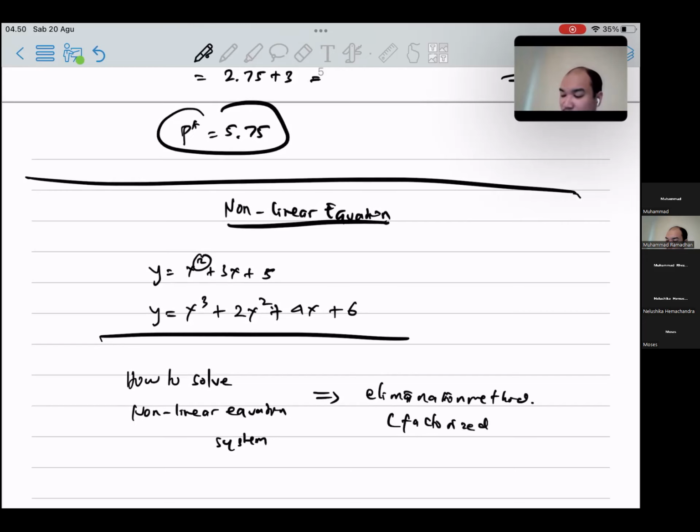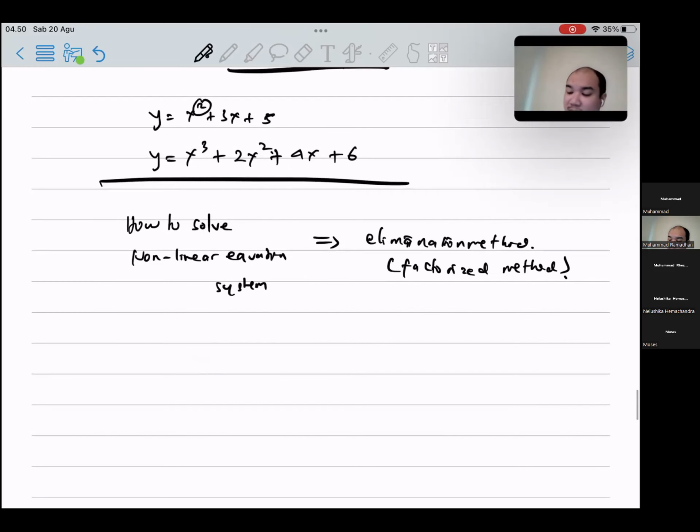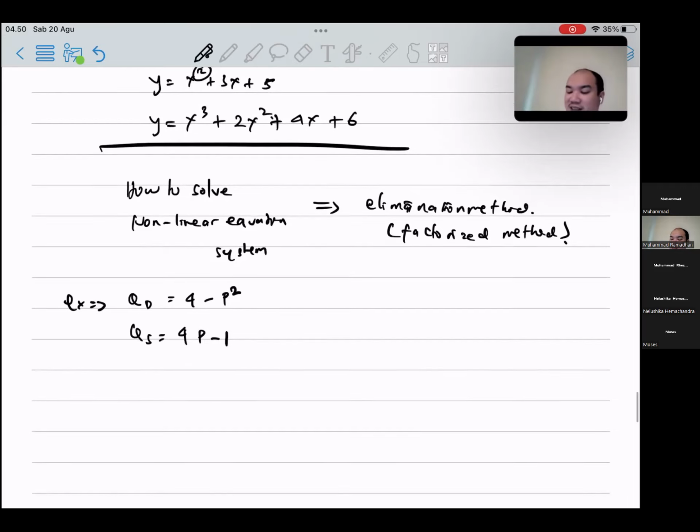Both of them are the same. For example, if you have QD equal to 4 minus P squared and QS is equal to 4P minus 1.